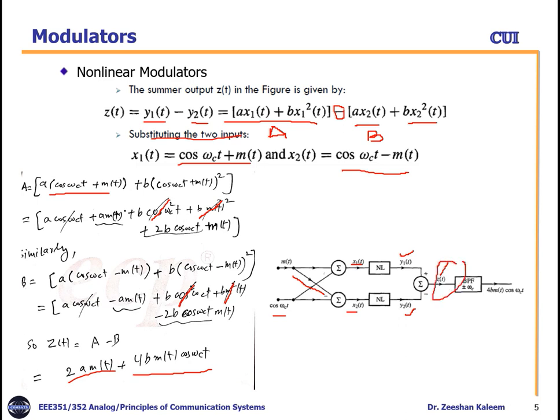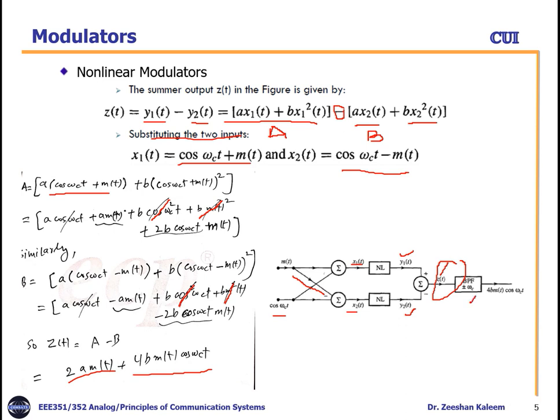So what is the value of z of t? 2a m of t plus 4b m of t cos omega c t. Now, for the modulated signal, what we need to obtain is m of t cos omega c t. This is our modulated signal. To obtain this, we pass it through a band pass filter tuned at omega c.